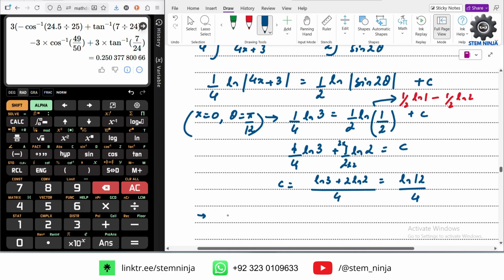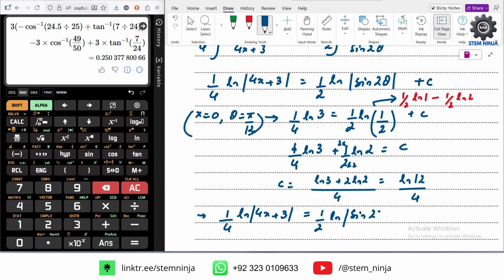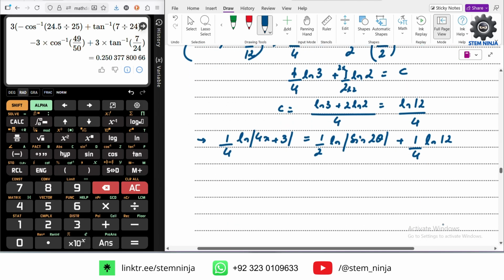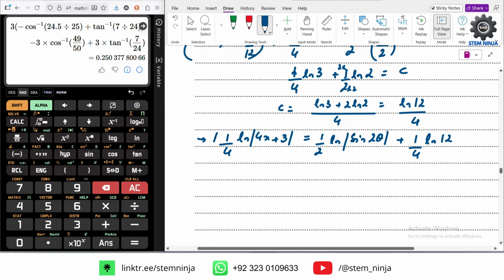So therefore we have 1/4 ln(4x+3) = 3/2 ln(sin 2θ) + 1/4 ln 12. Okay, so we multiply both sides by 4 first.